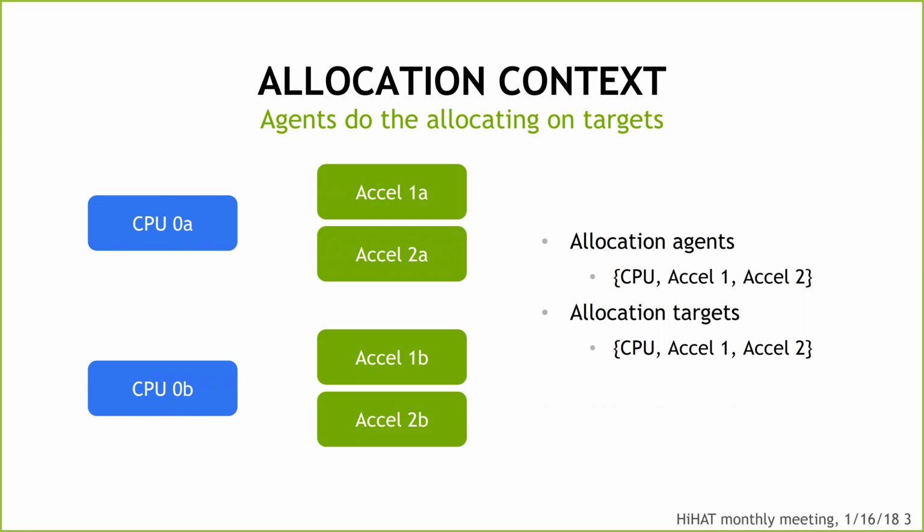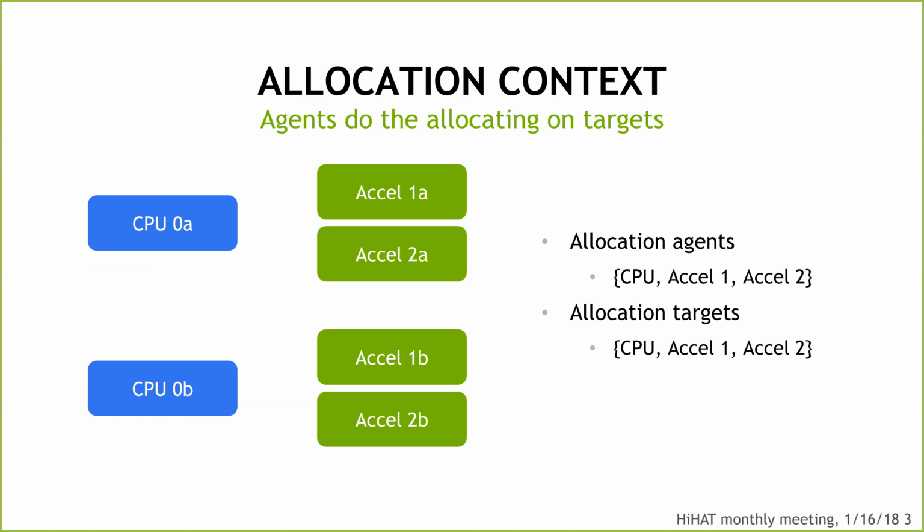It's commonly the case that a CPU, for example, might be used as an agent for managing memory on some attached device. The device may not itself be smart enough or fast enough to manage its own memory, and to the extent to which that's the case, somebody else is managing on its behalf. So there's not necessarily a one-to-one correspondence between the allocation agent and the target. So we want the flexibility to be able to specify and control that.